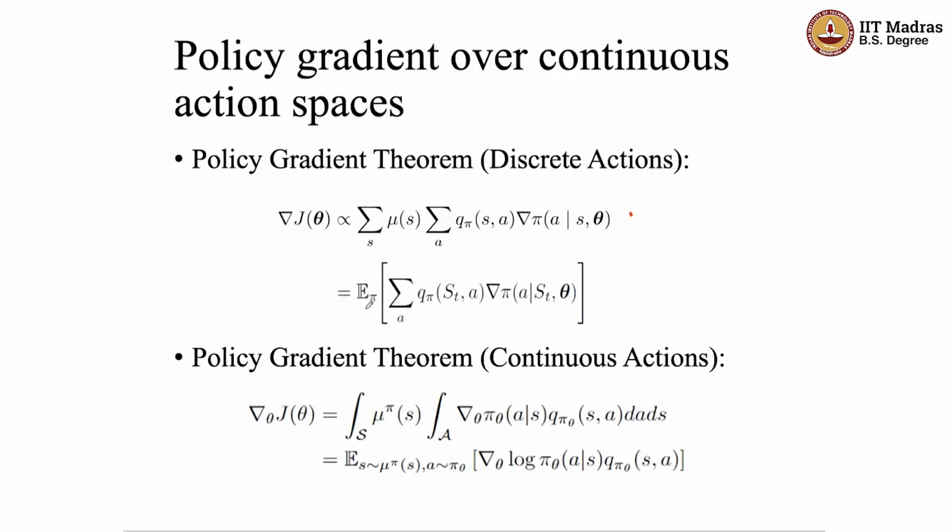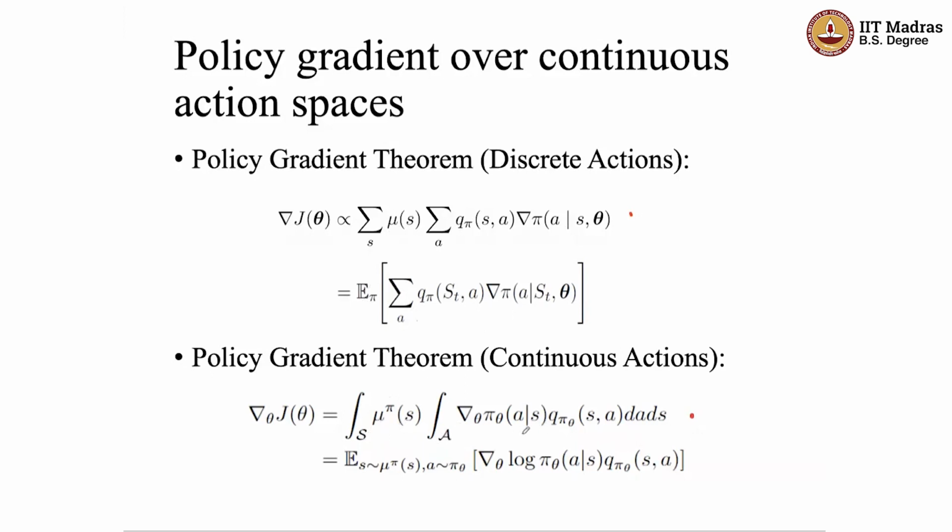This can be thought of as an expectation, and that is for discrete actions. When I want to do this for continuous actions, it becomes a double integral: an integral over S for continuous states, and an integral over A for actions, and then I have my mu.